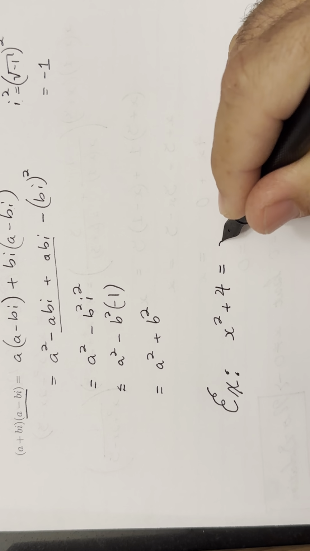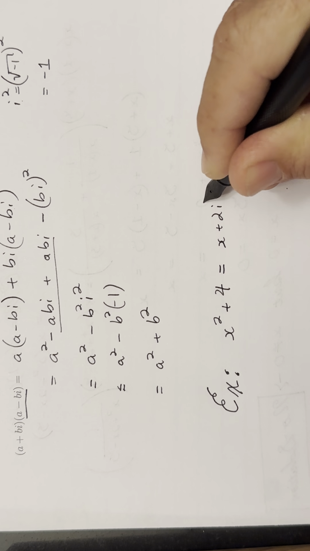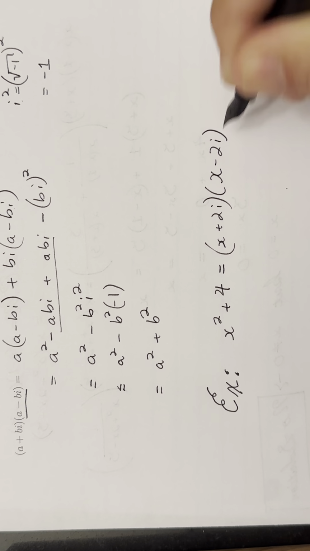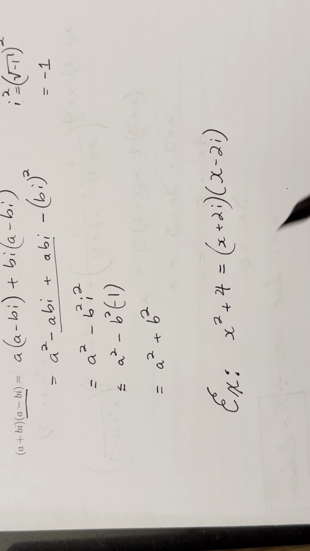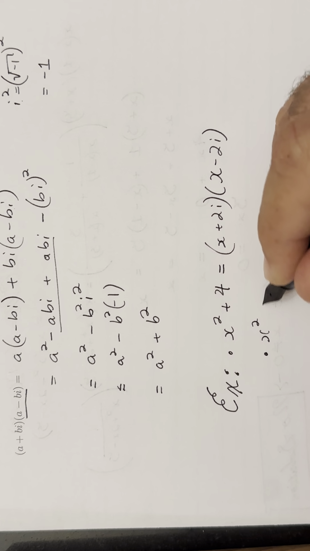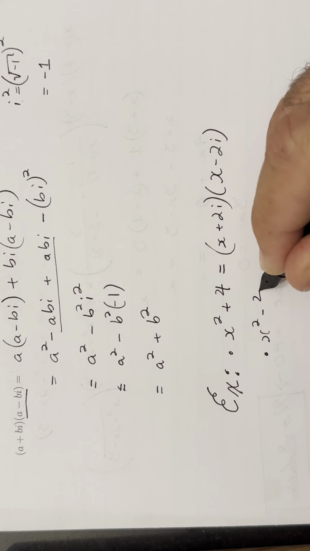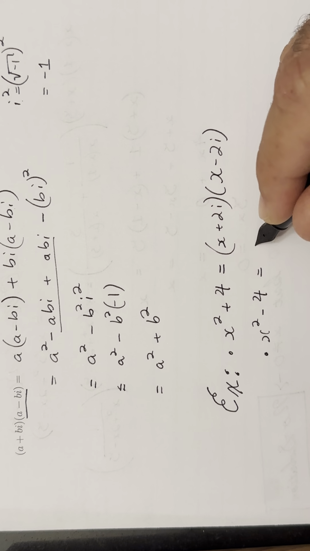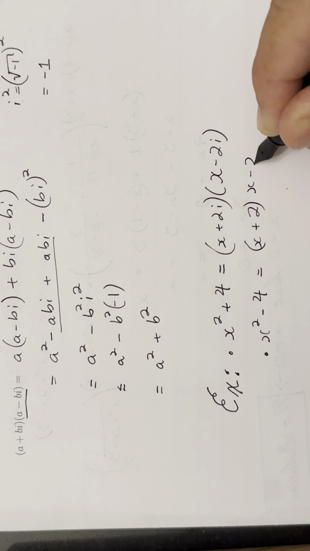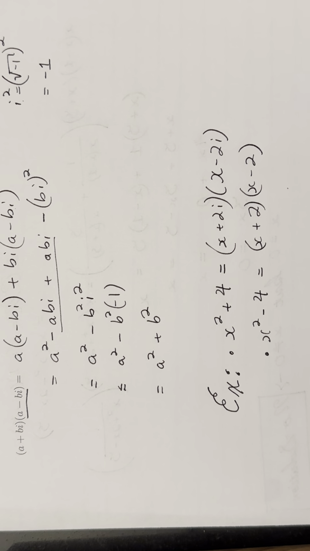Well, then this would become x plus 2i multiplied by x minus 2i versus x squared minus 4. And in that case, that would be x plus 2 times x minus 2.